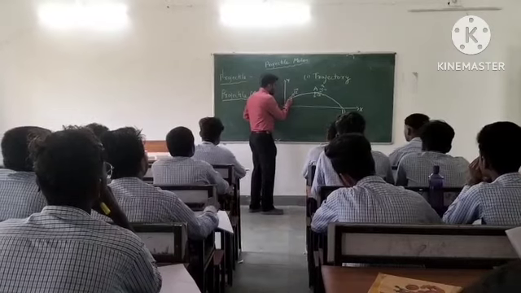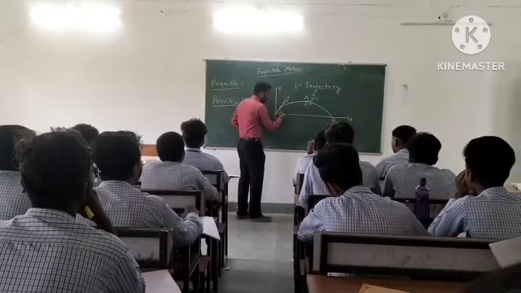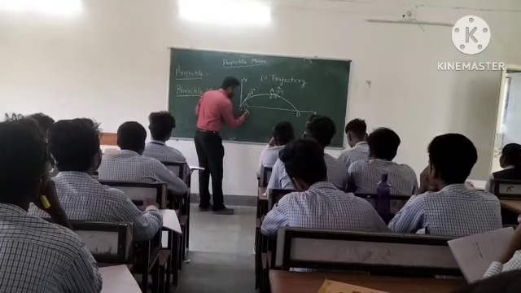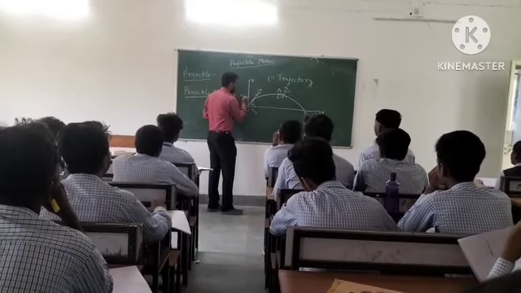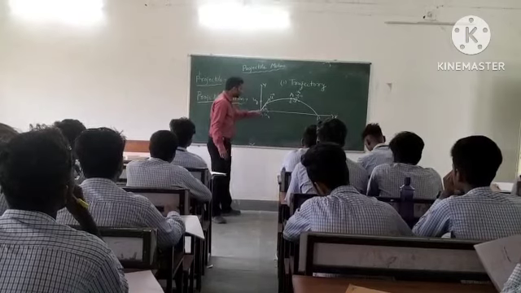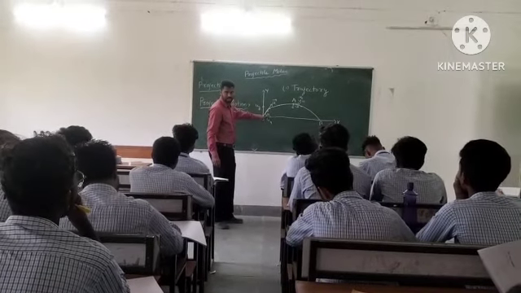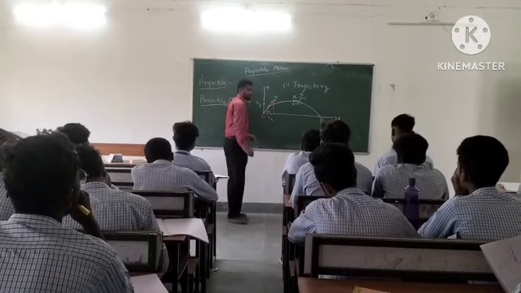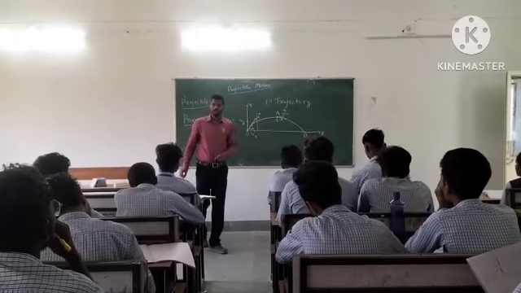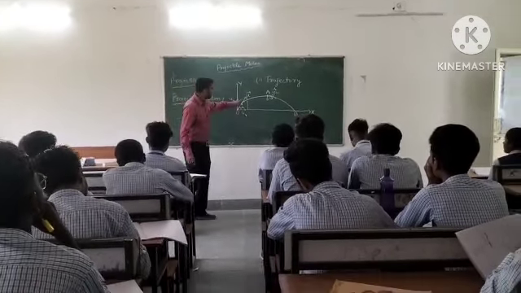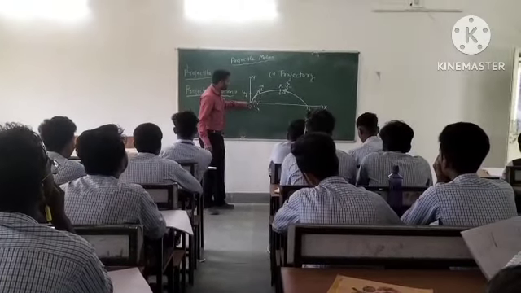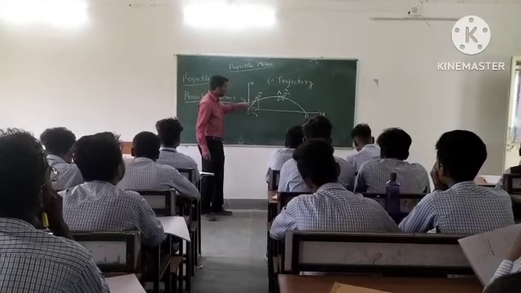Similarly, at the initial point, for u there will be 2 components: one is the horizontal component, one is the vertical component. Since the angle is theta, we know how to calculate the horizontal and vertical components. From here, we draw a perpendicular, and cos theta will be base by hypotenuse.